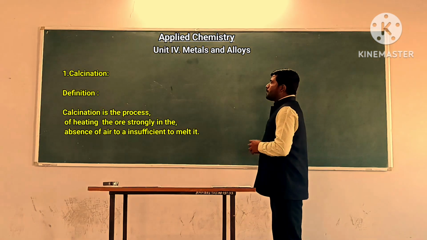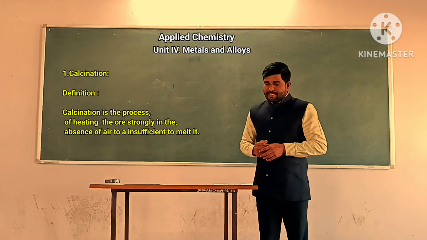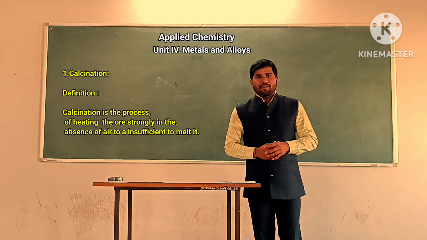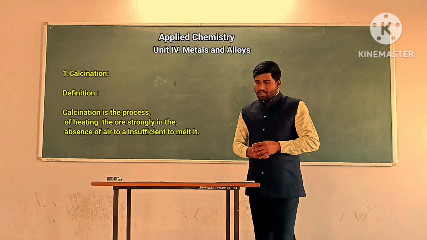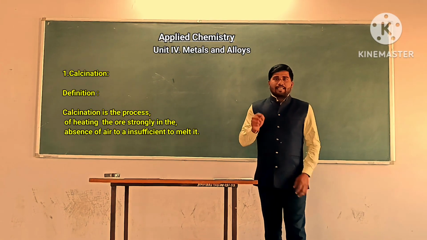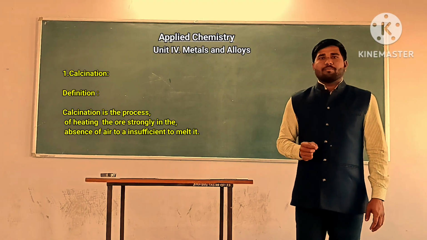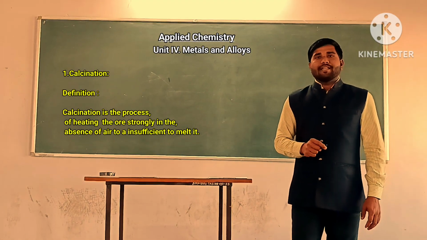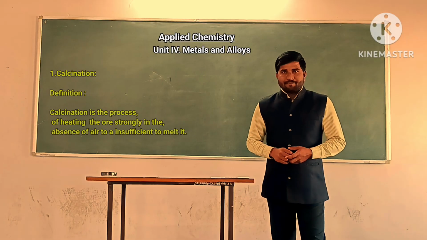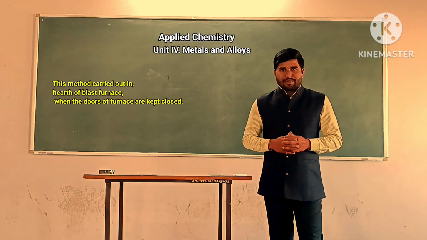The definition of calcination is: it is the process of heating the ore strongly in the absence of air. And this process will be carried out in a blast furnace.